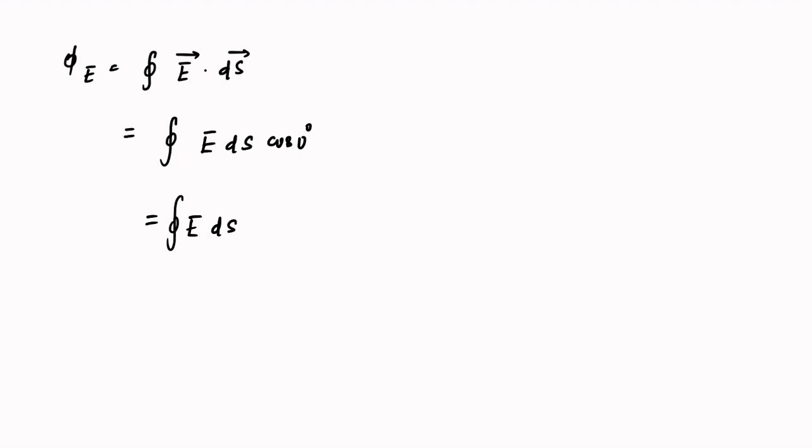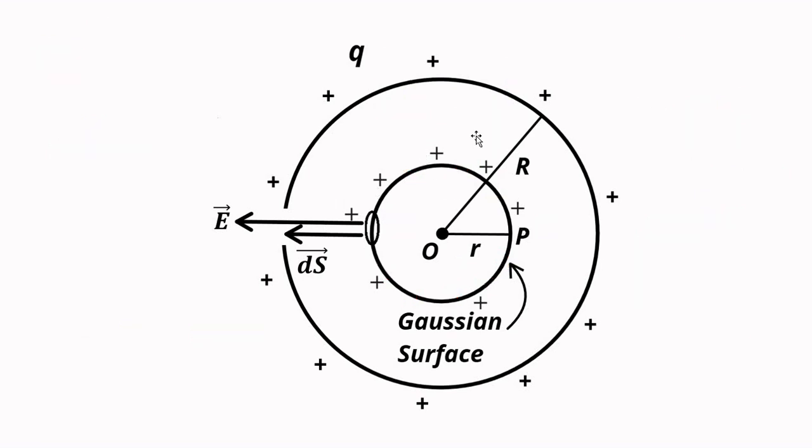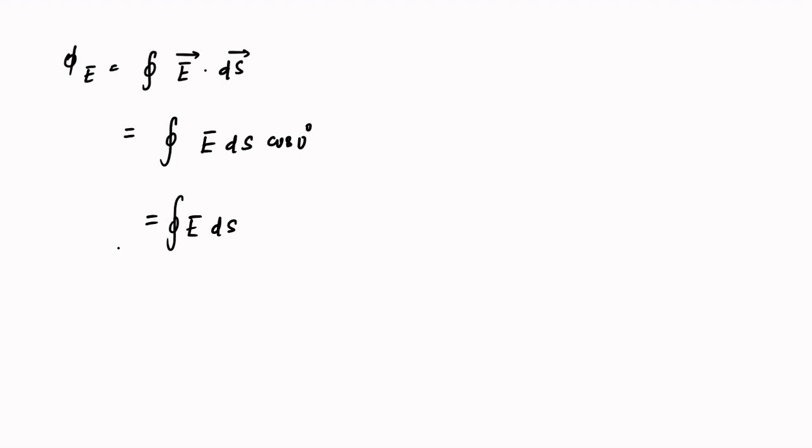Now again, in this inner sphere, all the points are at a fixed distance small r from the center, so that means the electric field will also be constant. So this E will go outside, and this becomes E times the closed surface integration of dS.